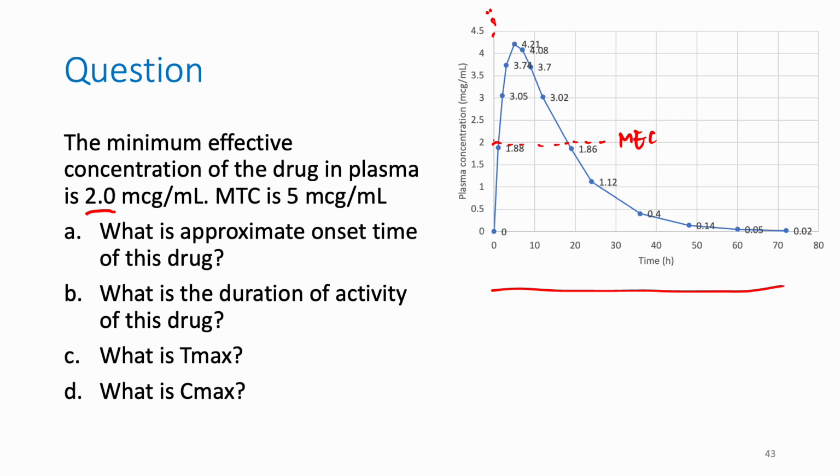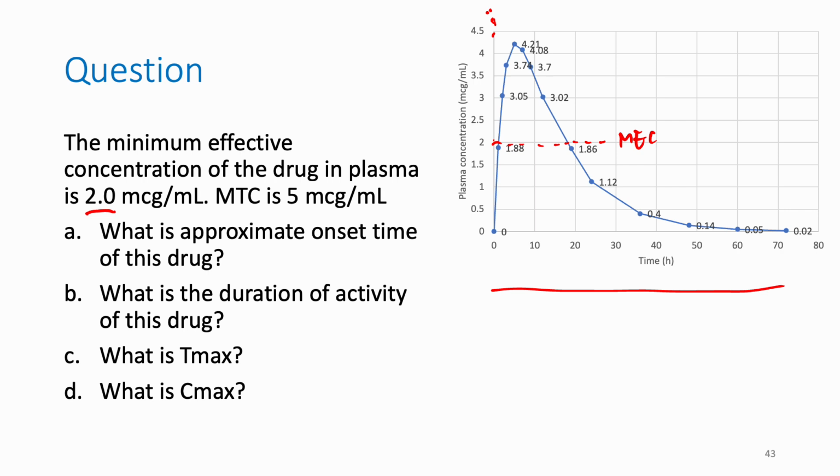So what is the approximate onset time of this drug? The onset time of this drug is the time that the drug first reached the MEC. So from here, you can determine the onset time of action, or the time for the drug first to reach the MEC.